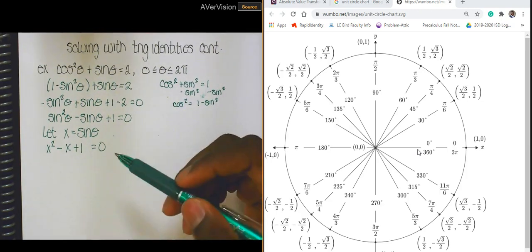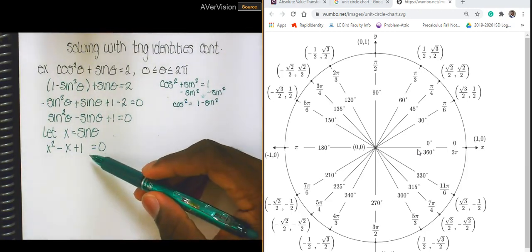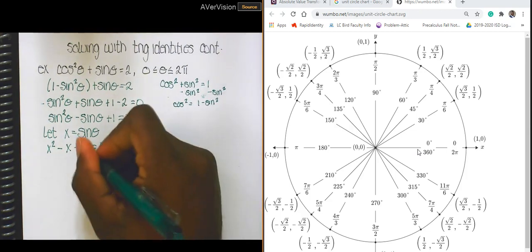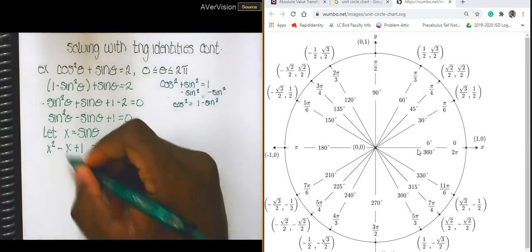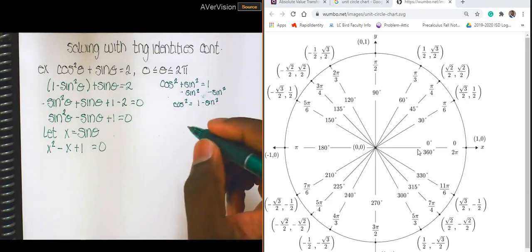So this cannot be factored, because there are no factors of one that can combine to give you negative one. So if it can't be factored, what can we use?